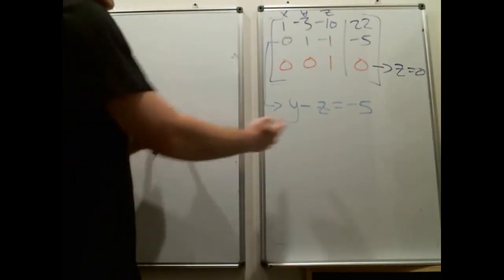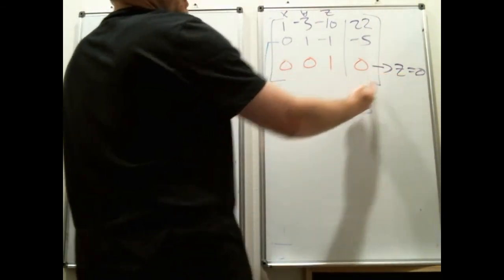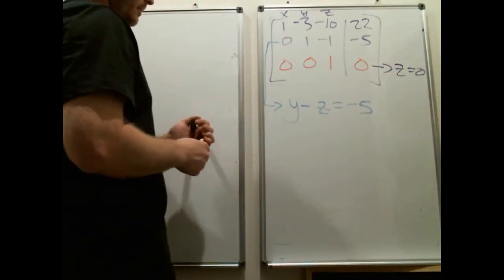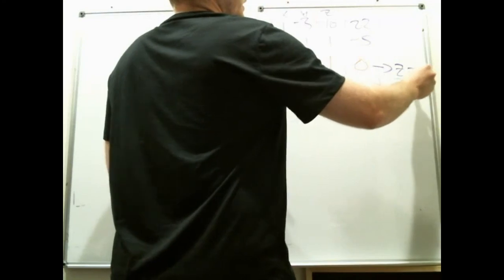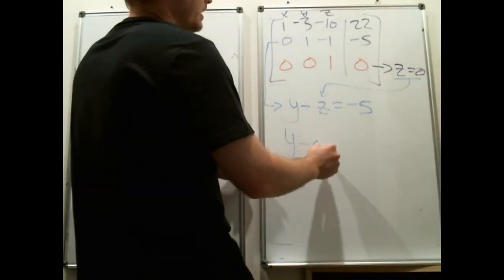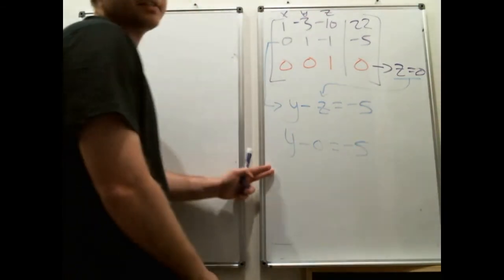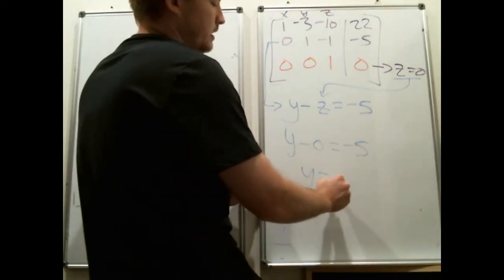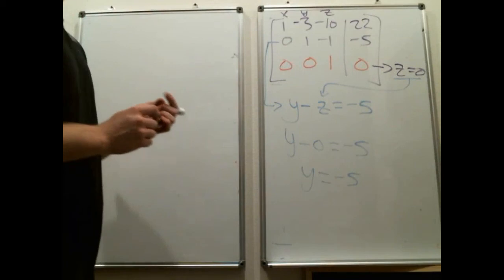Alright, we know what z is, it's 0. So we plug in 0 here for z. So we get y minus 0 is equal to -5. So y is equal to -5.